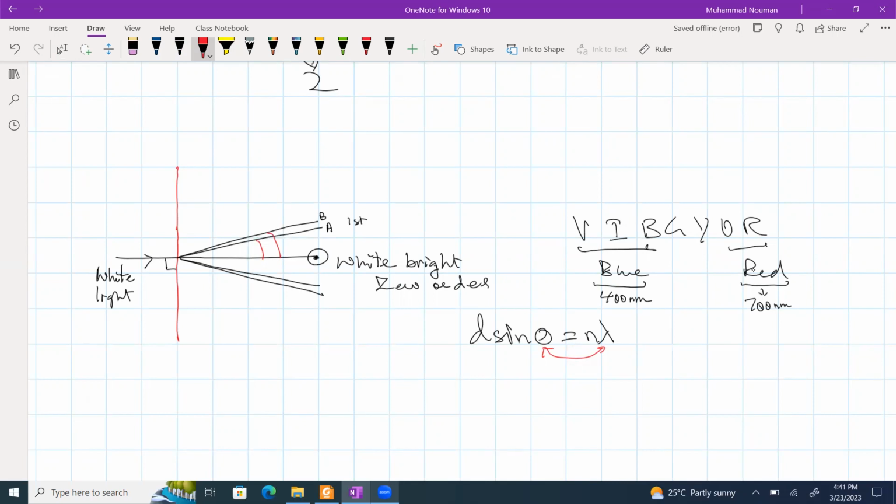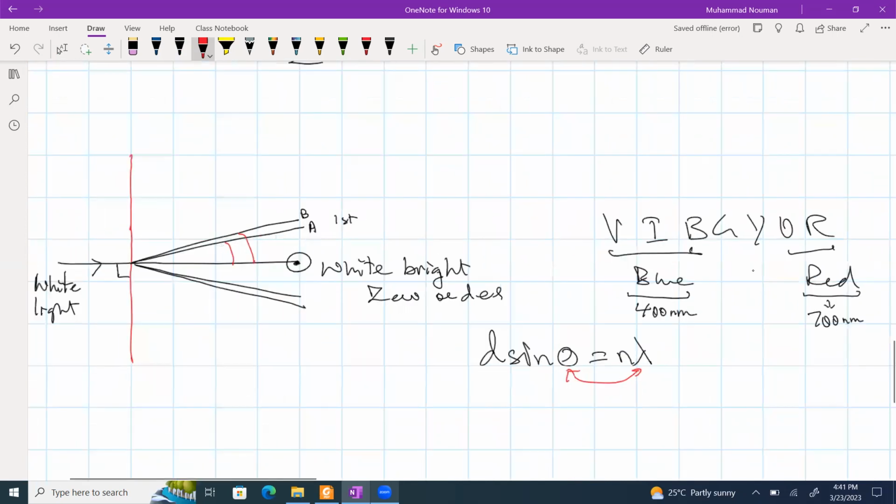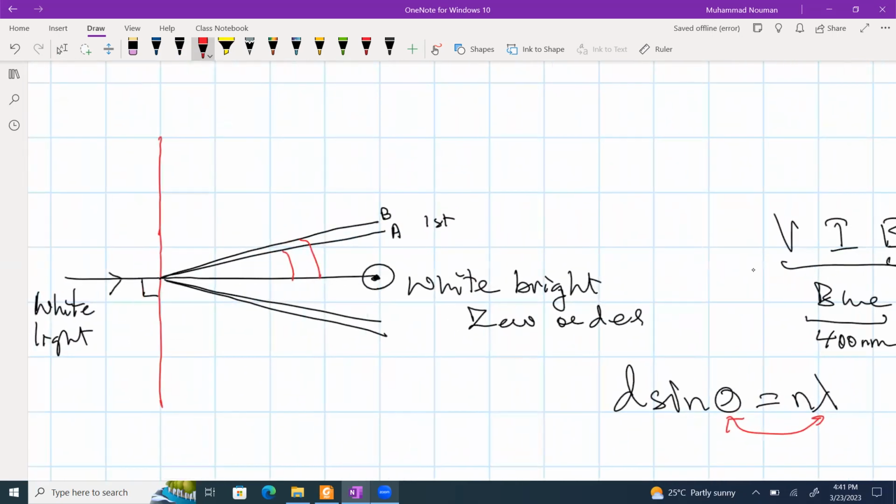So tell me one thing. If they are directly related, which color, blue or red, has the shorter wavelength? Blue has shorter wavelength. So blue should have a smaller angle as well, isn't it? Yes. So A is blue here and B is red here.